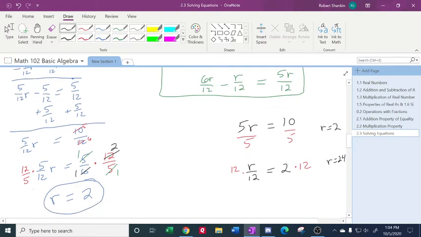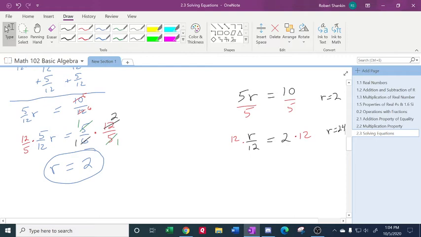Watch, if you multiply the 12 and the 5 over here, you're going to get 60 over 60. But 60 divided by 60 is 1. 1 times r is r. In other words, all these things cancel out. Casey, does that answer your question?